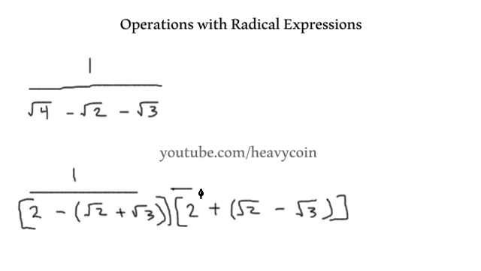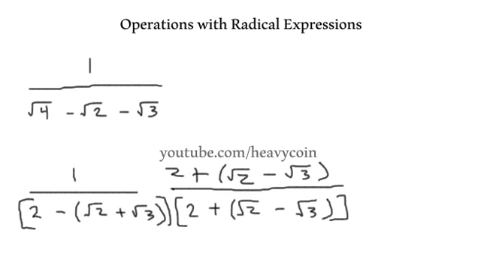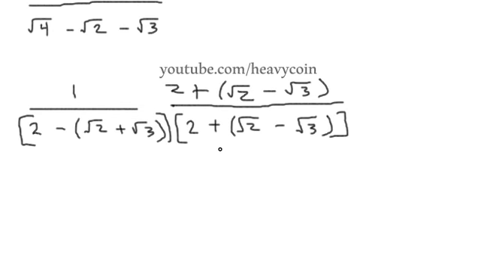And then of course we want to write that up here in the numerator also: square root of 2 minus the square root of 3. So we have 1 times this up here, so I'm just going to rewrite this. This is 2 plus the square root of 2 minus the square root of 3.